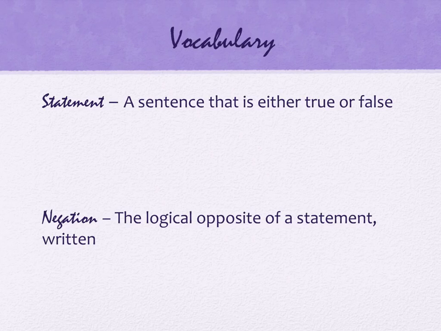First one is a statement. A statement is a sentence that is either true or false. So scaring me. I thought I was done with this stuff. Sorry, not done with this stuff. All right, so an example of a statement: I ate eggs for breakfast.